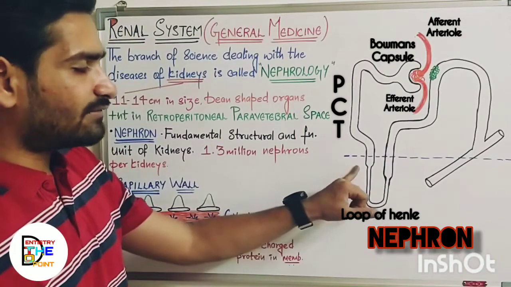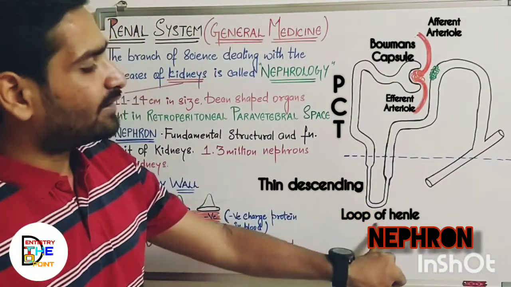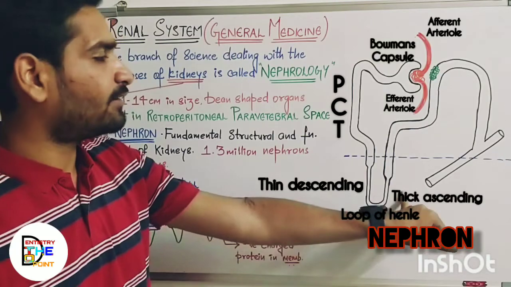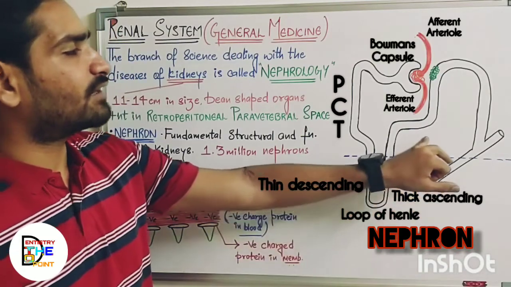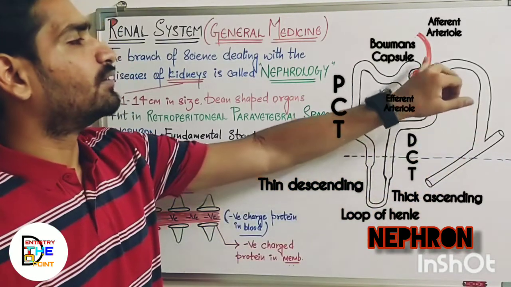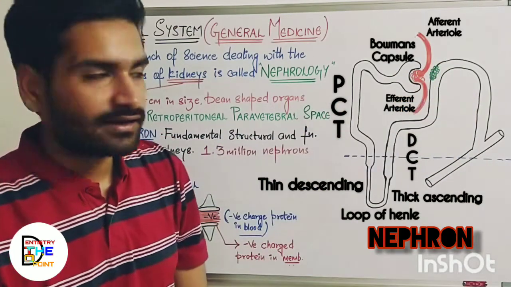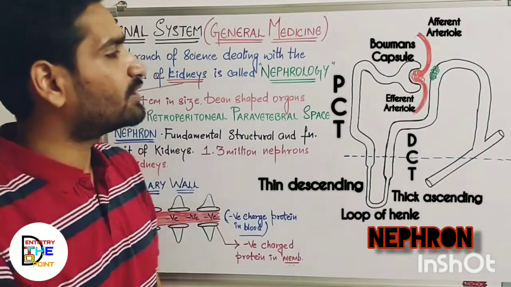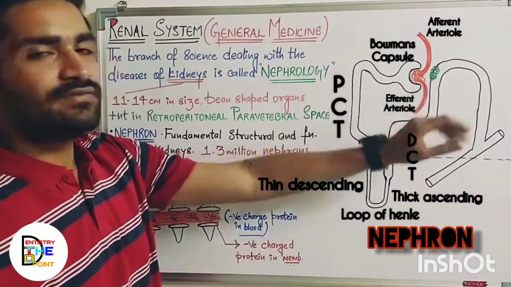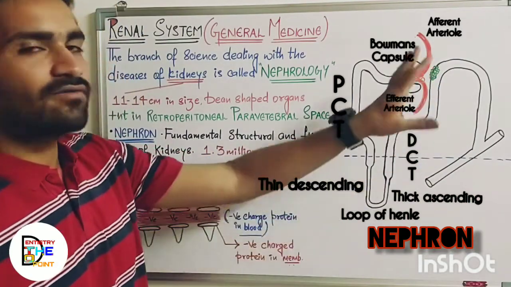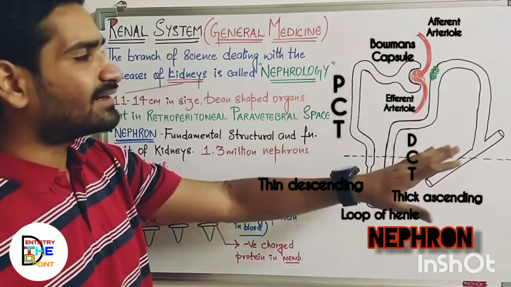So first we'll have a thin descending segment, then a thick ascending segment, then moving on to the distal convoluted tubule. At the junction of the afferent arteriole and the distal convoluted tubule, we have juxtaglomerular cells which secrete renin. They have their own function there, we'll discuss it later.